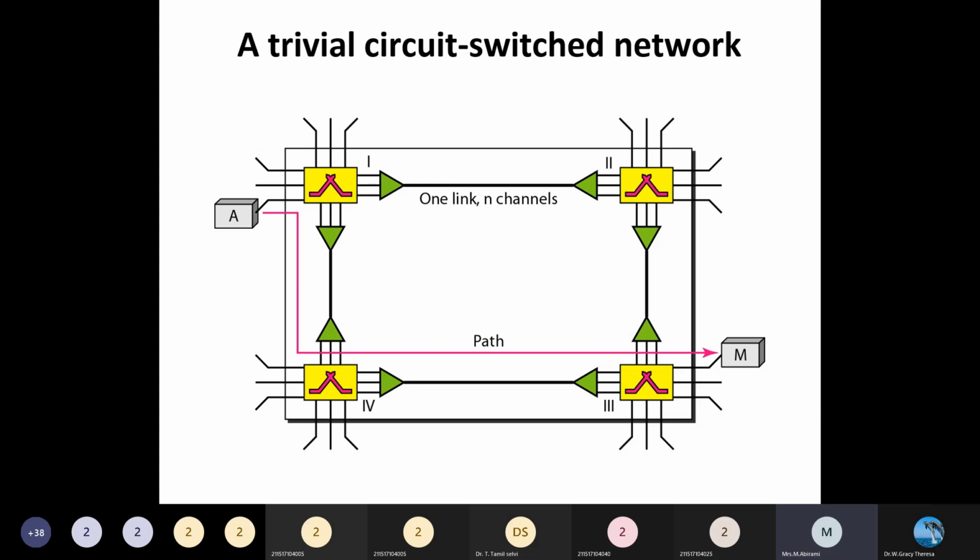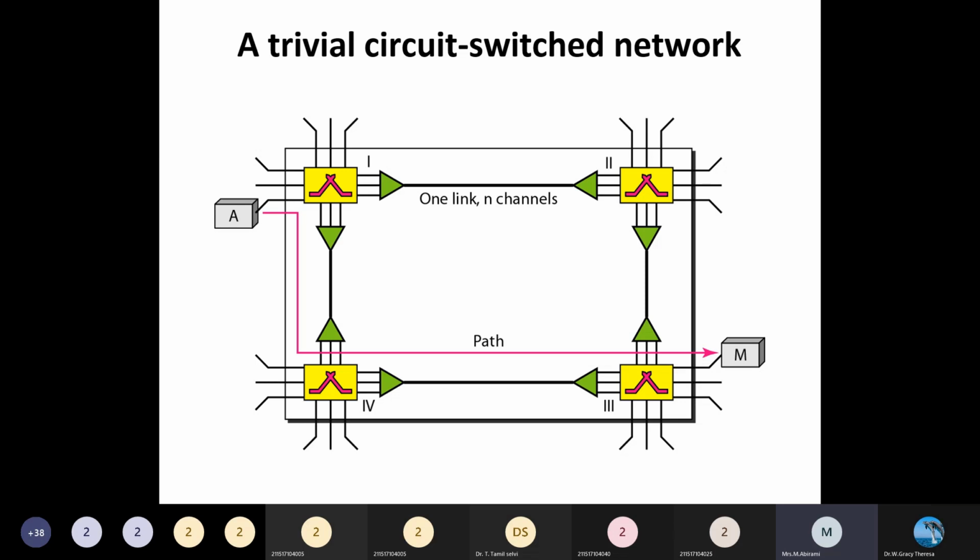In the trivial circuit switching network, when a connection is established between two stations, we decide the best path and make the connection over one or more links.